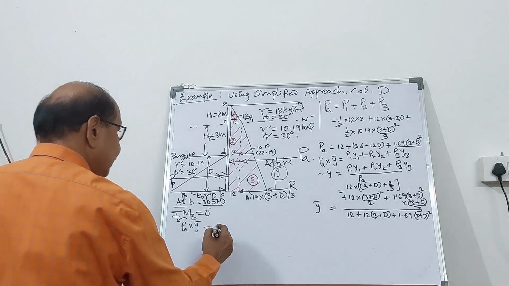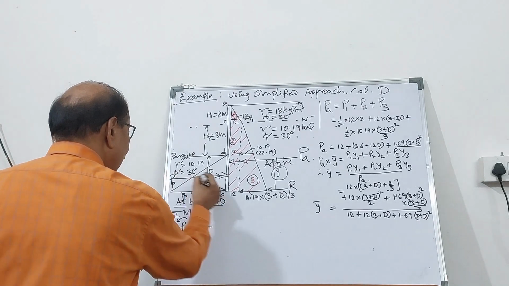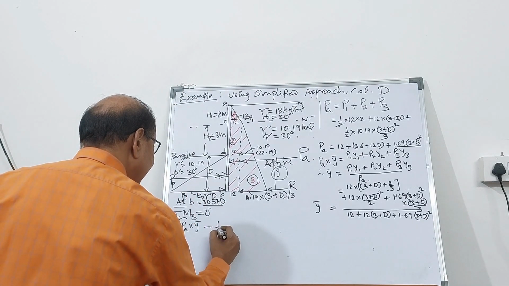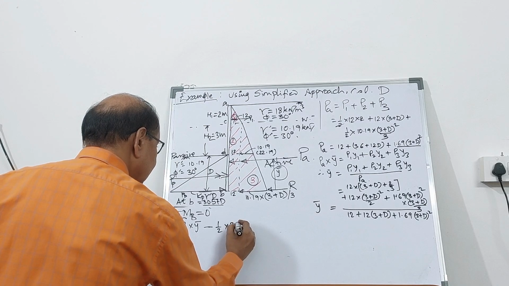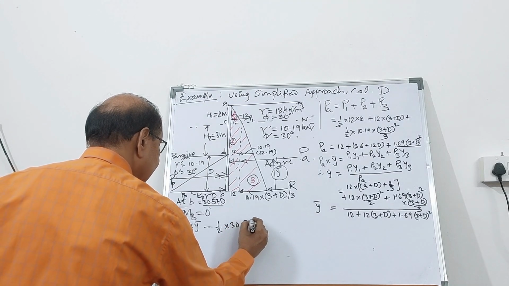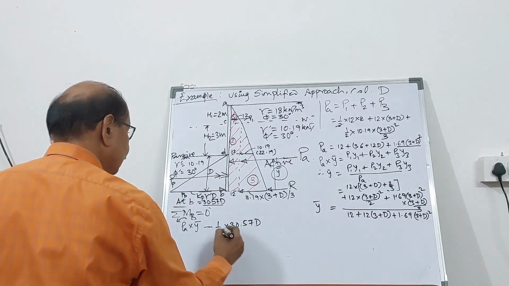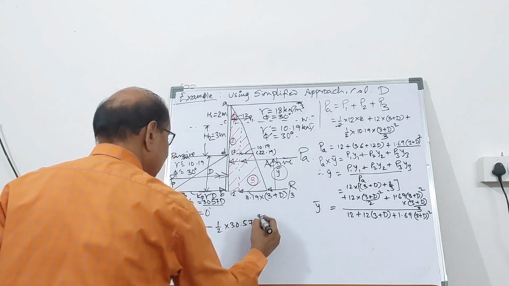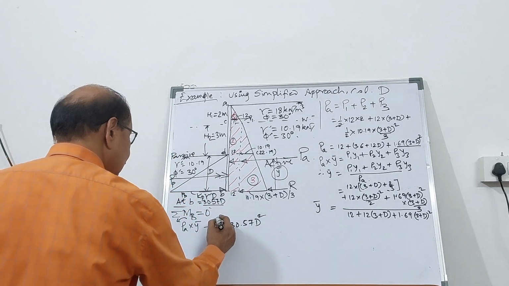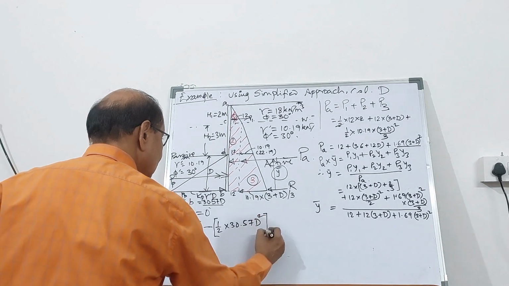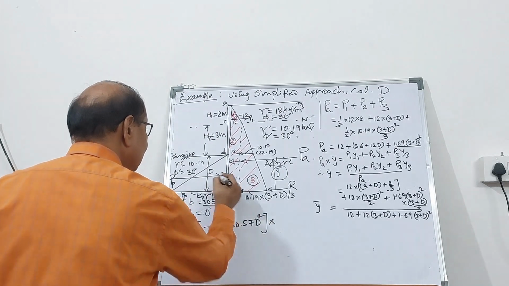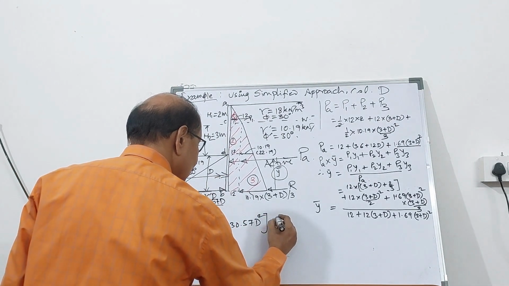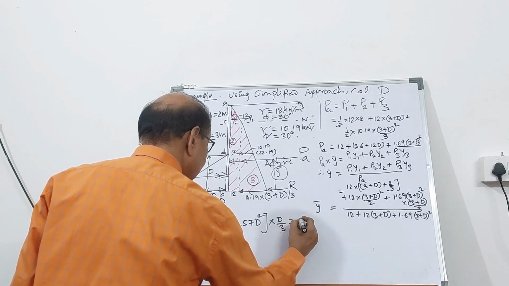PP, the force, will be half into 30.57 d, half into base into height, that is d square. This PP will be acting at d by 3, so into d by 3 equal to 0.